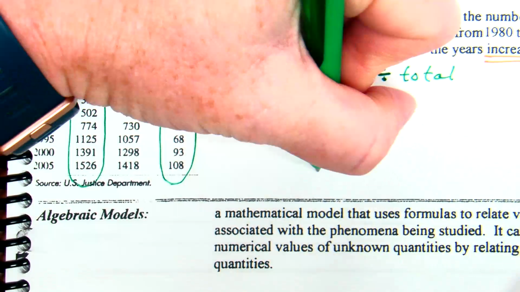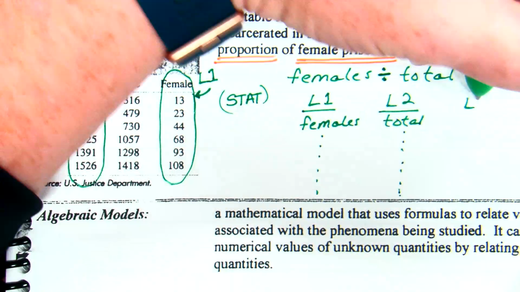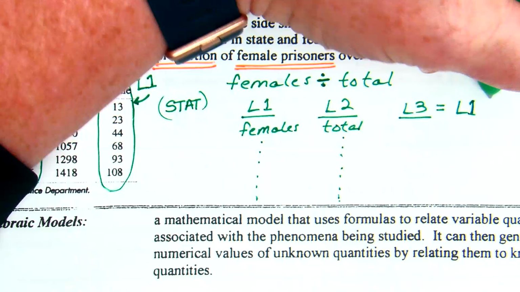And I'm not going to write all those numbers because they're right next to us. In L2, we put the total. Again, not listing all those numbers. In L3, what did I type? I typed that I wanted to do L1 divided by L2. And I got the following numbers.